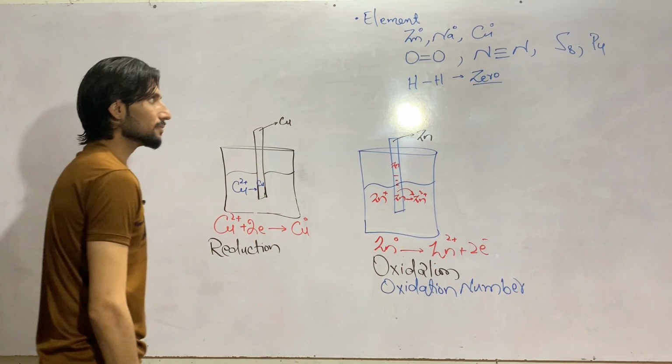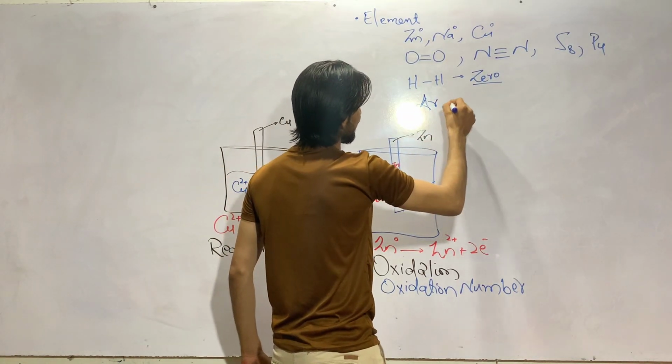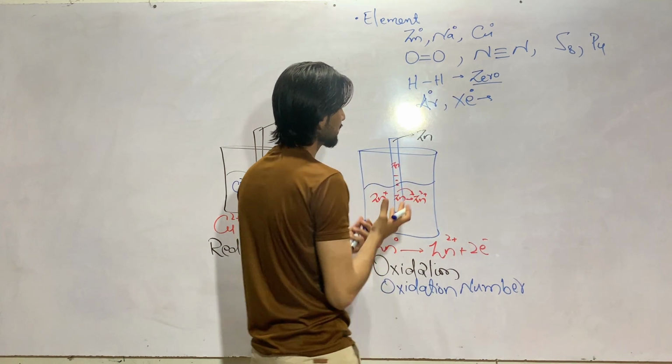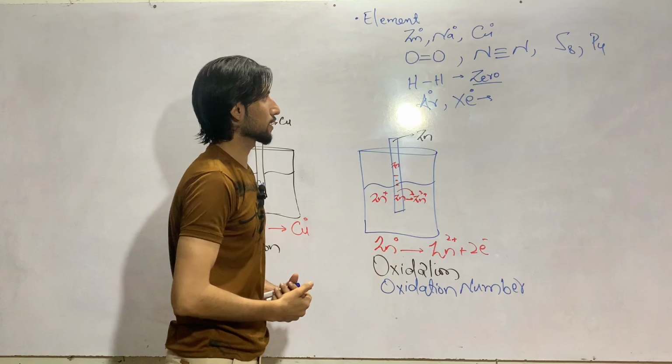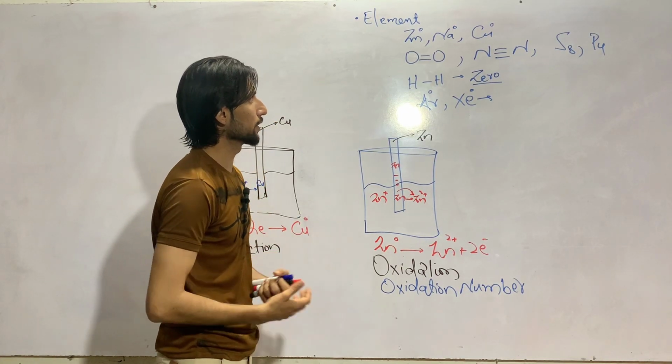Now take an atom like argon or xenon. They too have zero oxidation state because, commonsensically, the number of protons and electrons are equal. So charges are equal, meaning zero charge as a whole on them.